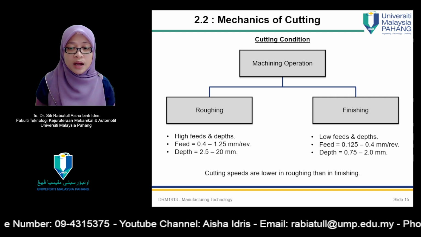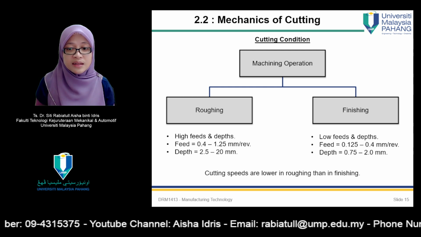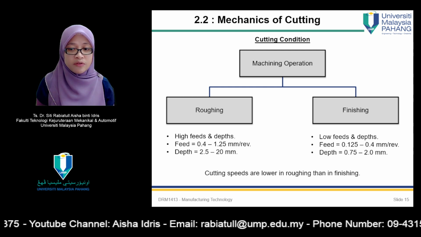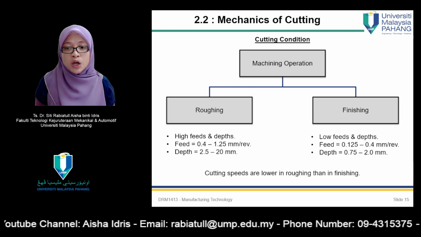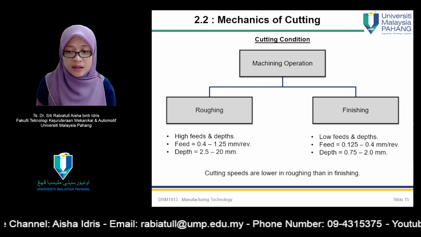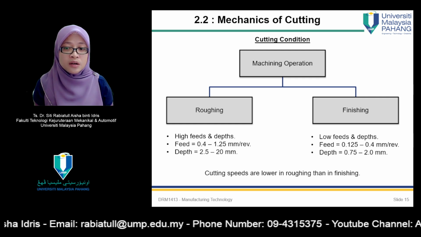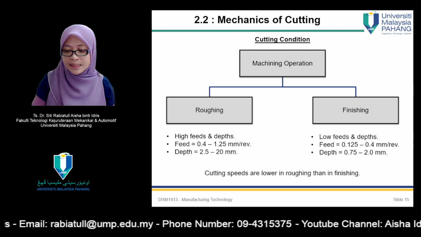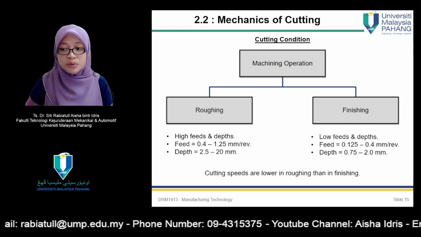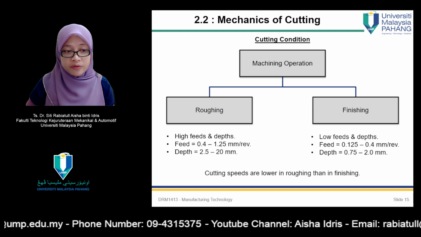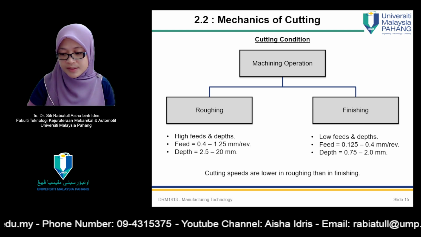Meanwhile, for other cutting conditions like feed and depth of cut, roughing is actually higher as compared to finishing, because in finishing we don't want high depth of cut or high scratches.